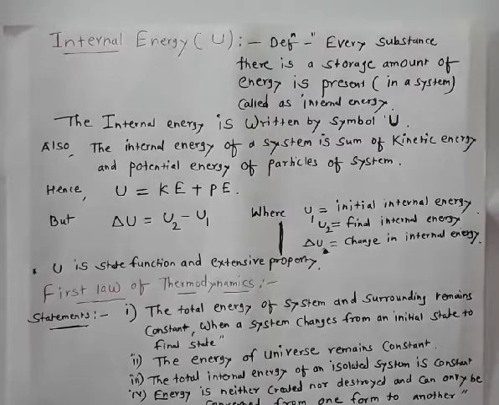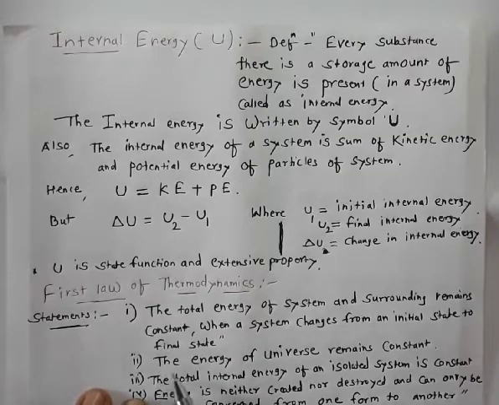A system is some part of the universe, and the surroundings are the part outside the system. So the total energy of system and surroundings remains constant when the system changes from one state to another. This is a very important statement.